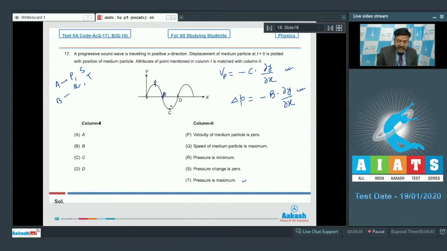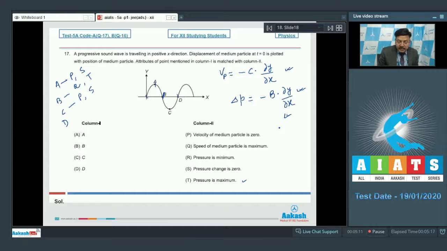Well, at C again slope is 0, which means the speed is 0 and pressure change is 0. So that means for C we can again write that C will match with P and S like A. And for D, well, slope at D is positive. That means delta P is negative, and in terms of magnitude it is high. So this will be a point of minimum pressure.